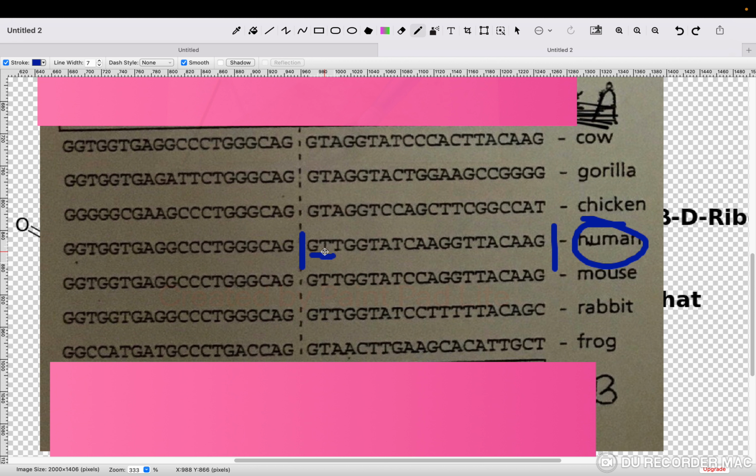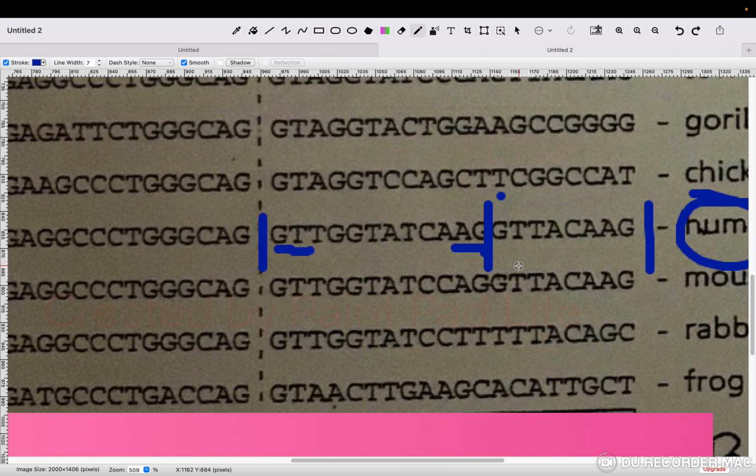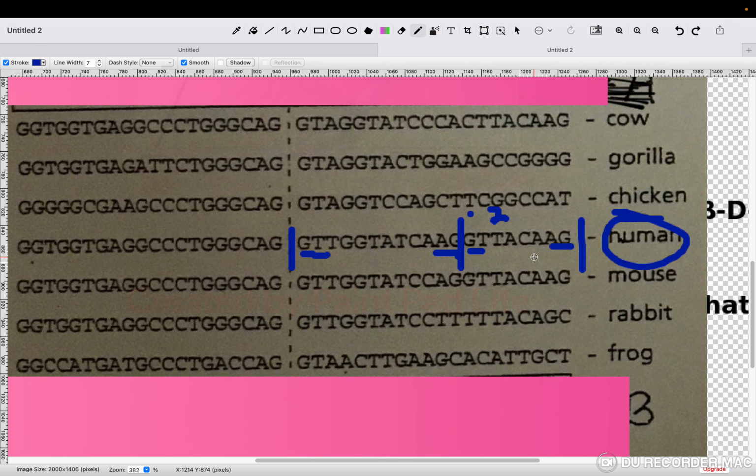So GT, now I have to look for an AG. Okay, there is an AG, so I can say that it stops here. Done. That's an intron. Great. Then I can see GT again, so that's the beginning of intron number 2. Then I have to look for an AG. Oh, here is an AG. So that's intron number 2.